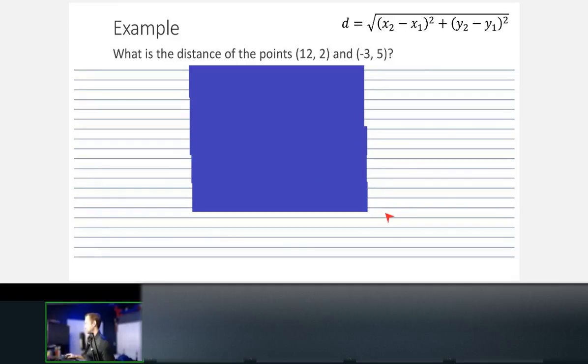Label it is correct. Let's label everything. So we're going to call this x sub 1, y sub 1. And then we're going to call this x sub 2, y sub 2. Always label your points. All right, so everyone go ahead and set it up.